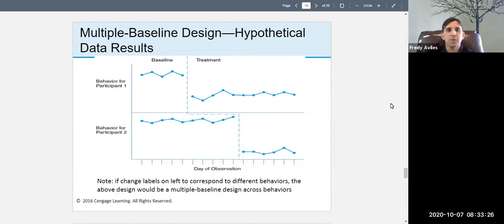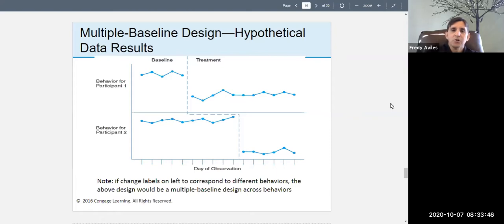So here we have a multiple baseline design, hypothetical data, right? It's made up, this isn't real, okay? But just to show you how it would work. So at the top part of the graph there, you have behavior for participant 1. So look at the upper left right there, it says behavior for participant 1, okay?